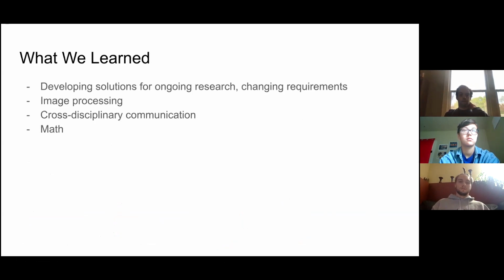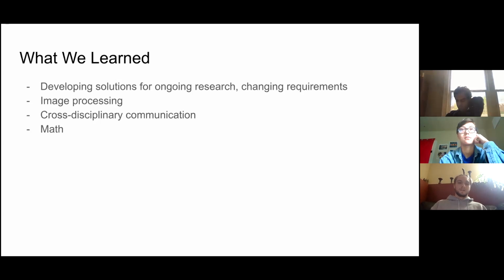I'll go quickly through what we learned. We learned a lot about developing solutions for an ongoing project or ongoing research where there are some changing requirements, and we had to be very flexible to be able to move in different directions at any given time. We obviously learned a lot about image processing and the math behind it.